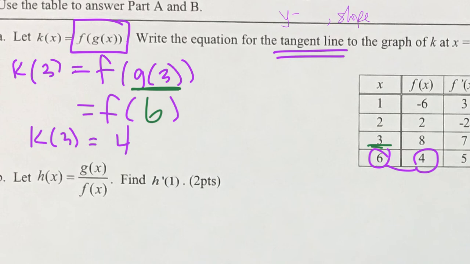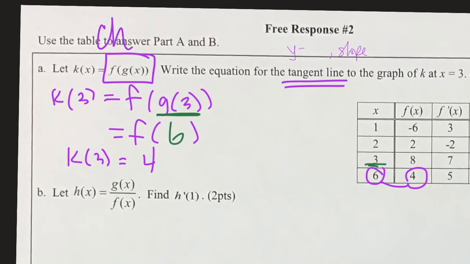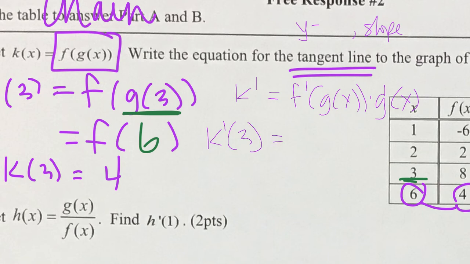Okay, so now we're going to go ahead and take the derivative so we can find the slope. And this is going to use the chain rule because that's what we do for compositions. So k prime is equal to f prime of g times g prime. Okay, so hopefully you have the chain rule memorized.